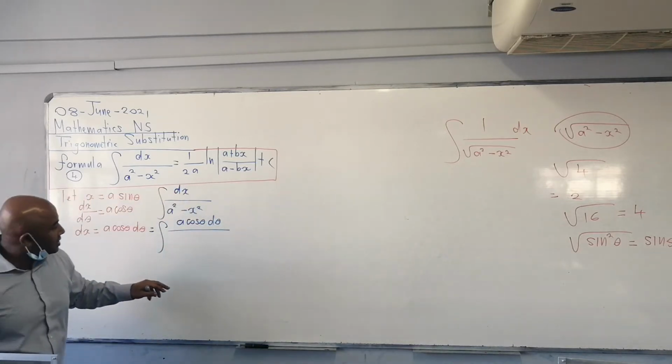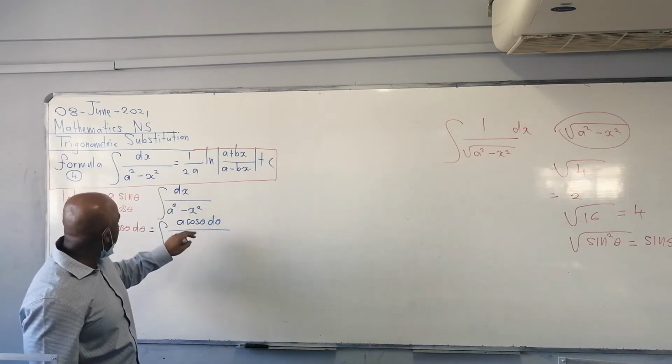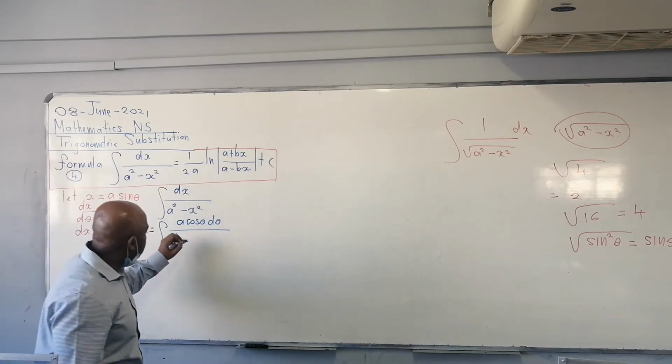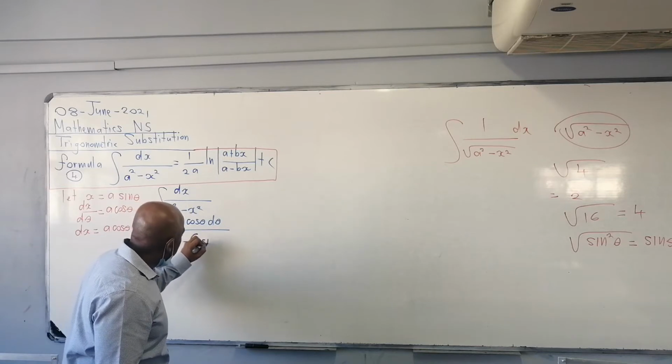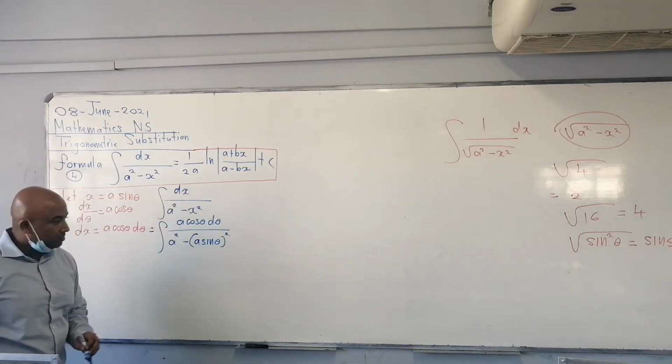Then in the denominator, I have a squared minus x squared. But what is x now? x has been replaced with a sine theta, so that's going to be a sine theta all squared.